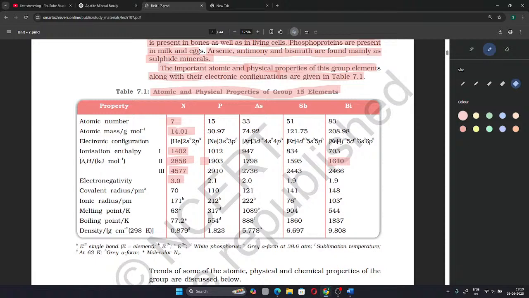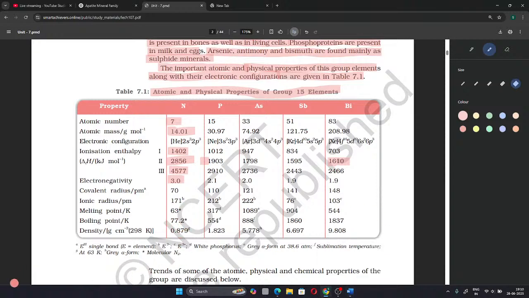And arsenic has the highest melting point, followed by antimony and bismuth, and that followed by phosphorus, and the least melting point is nitrogen, which is similar in boiling point as well.